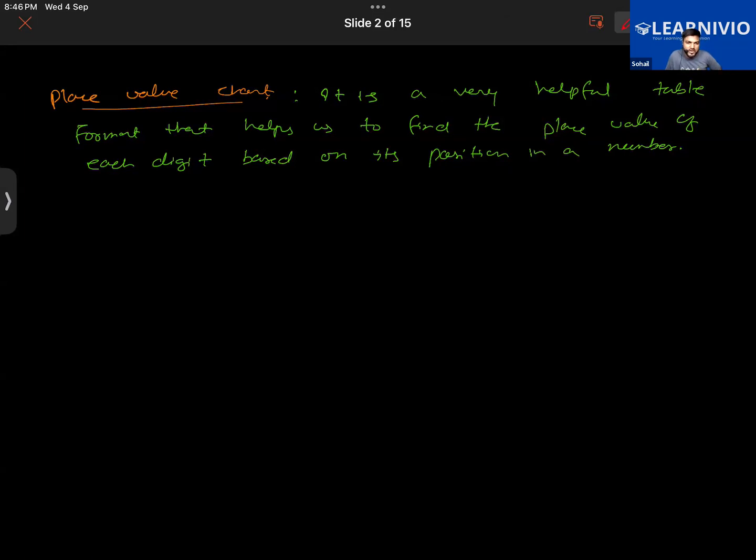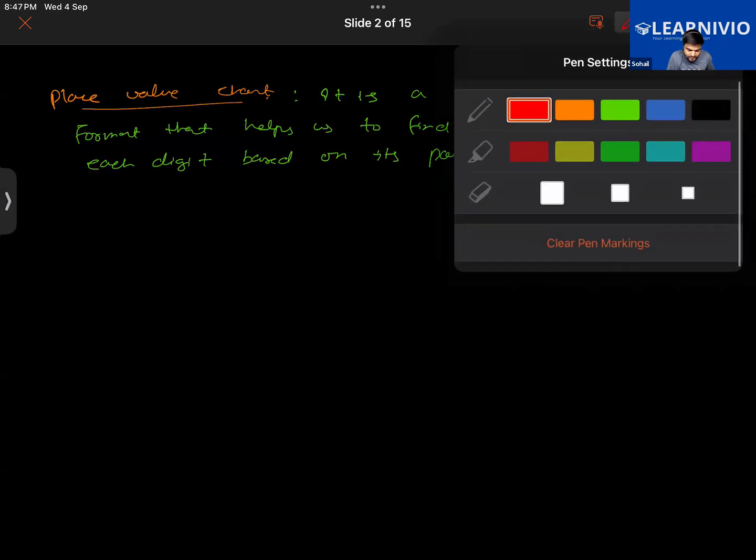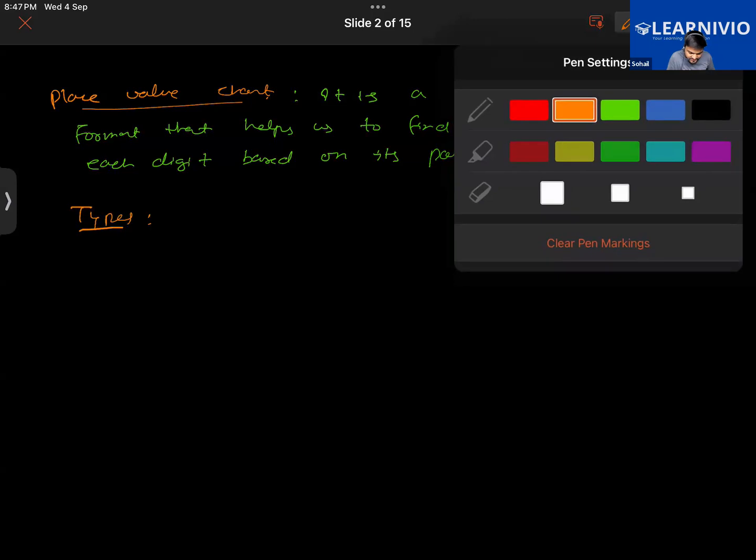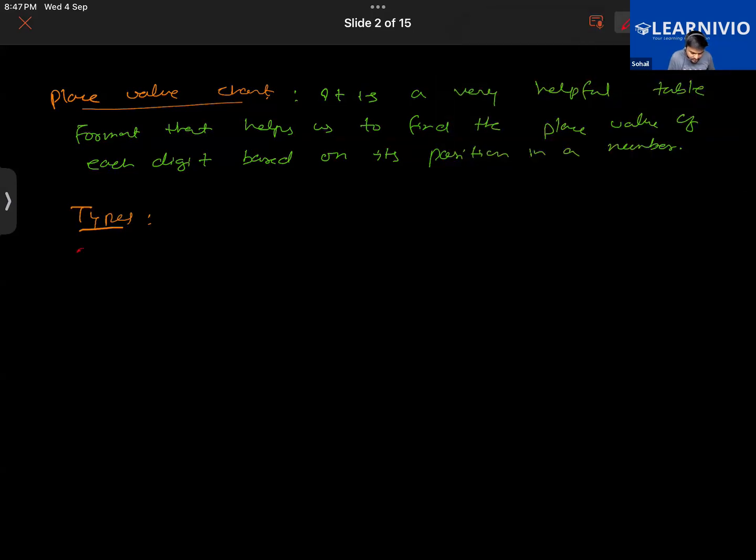I'm going to draw the chart. Also, there are two types of place value charts. Can you tell me what the two types are? The first one is the Indian place value chart.